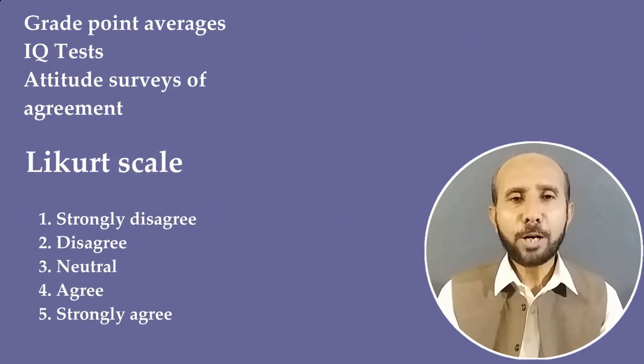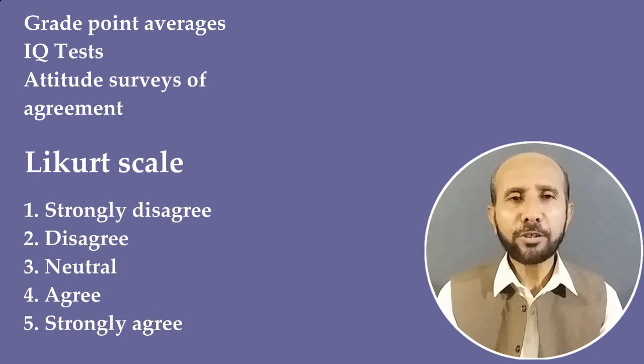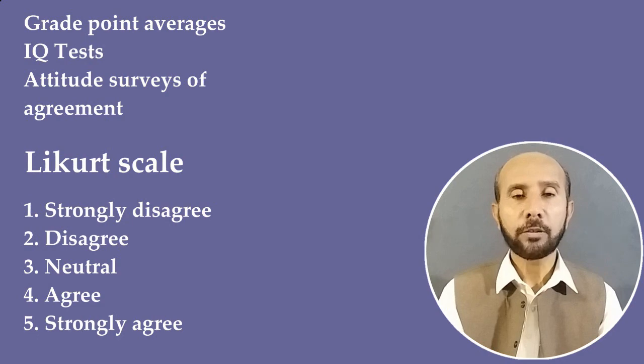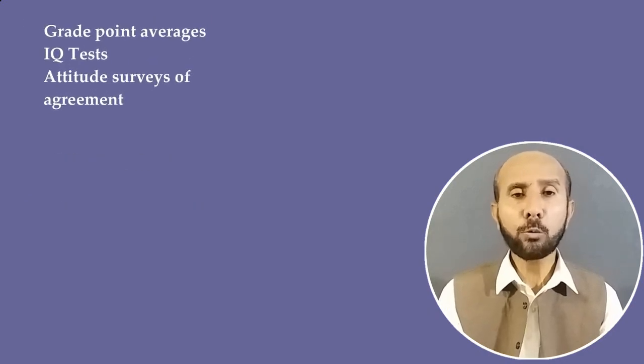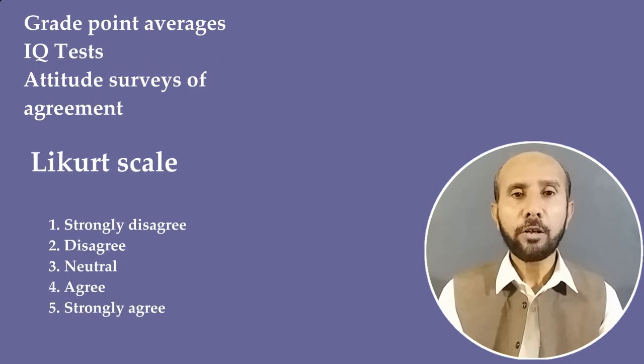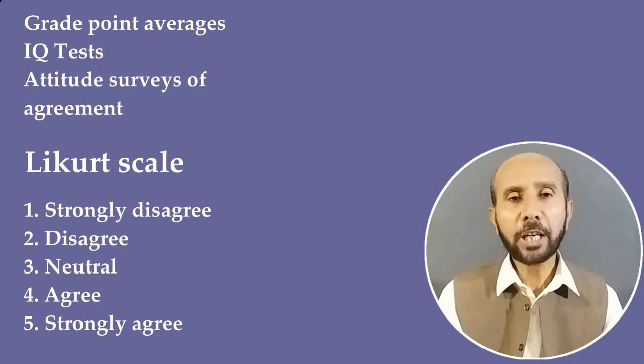Interval scale is commonly used in grade point averages, IQ tests, and attitude surveys. Likert surveys are very frequently used in social sciences. On a 5-point Likert scale, 1 means strongly disagree, 5 means strongly agree, and 3 means neutral.